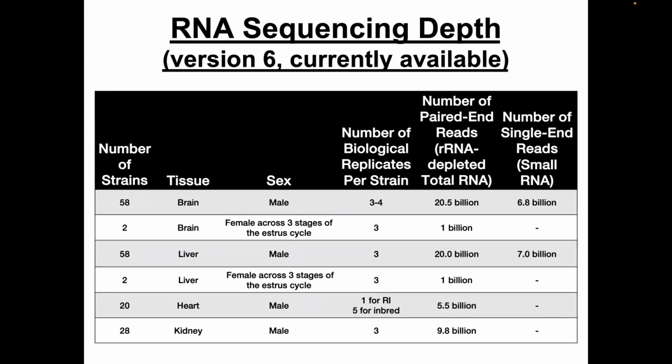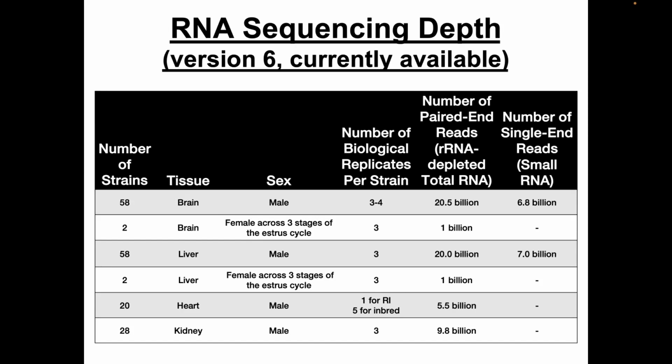Our current databases are on the PhenoGen website. Our current version 6 of the HRDP has 58 of the 96 strains in the HRDP. We're doing strains as Mindy rederives them. We go really in depth on individual samples, looking at about 60 million paired-end reads per sample.